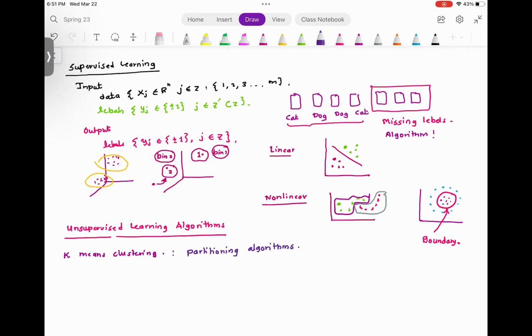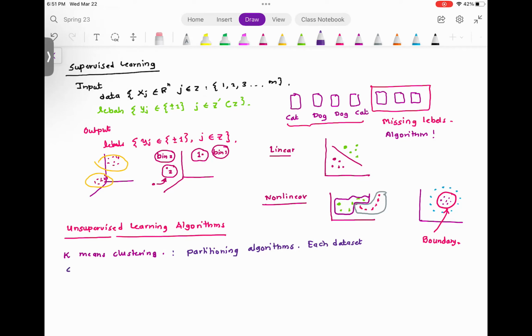So what you do is each data set is clustered, or basically the algorithm finds where that data set actually belongs. So for each data set, we find the nearest mean.